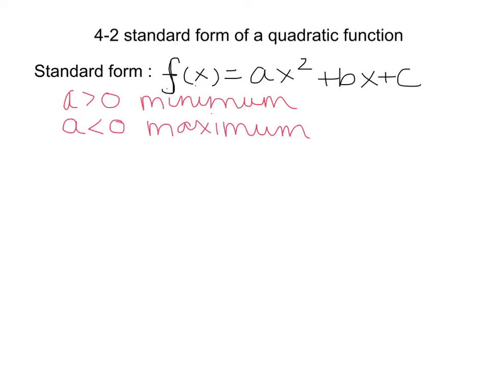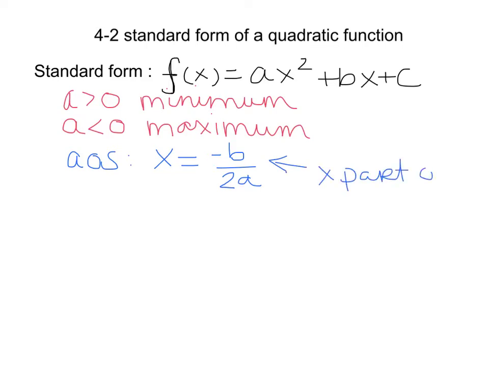To find the axis of symmetry, you need to memorize this little formula, x equals negative b divided by 2a. This is also the x part of the vertex. So that formula is going to give you the axis of symmetry and the x part of the vertex.